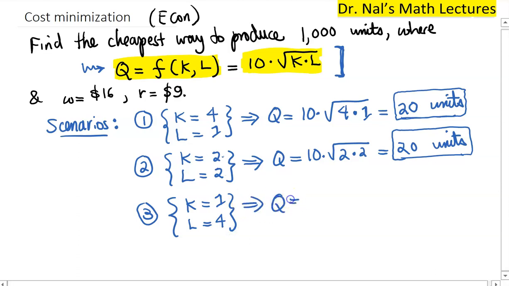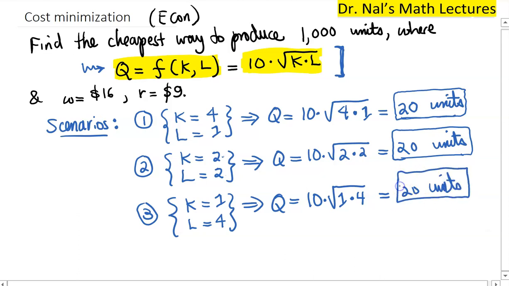Well, the technology I'm using will tell me that 10 times capital is 1, times labor is 4 labor hours. 1 times 4 is 4, square root of 4 is 2, 2 times 10 is 20 units again. So wow, I have quite a lot of flexibility. If my goal were to produce 20 units, I have at least 3 alternatives that I found, and be assured there is an infinite array of ways to produce those 20 units.